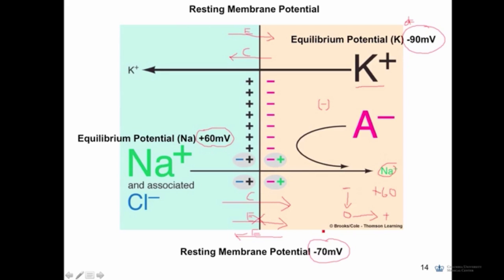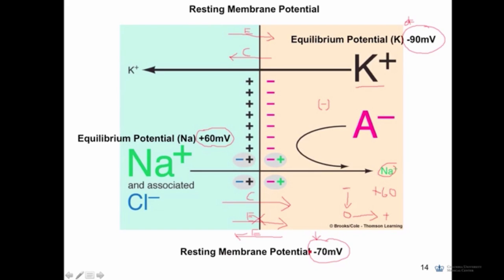So the resting potential of a cell isn't satisfying either ion. It's not equaling the point at which potassium is at rest, and it's not equaling the point at which sodium is at rest. It's in between. So what does this really mean, that it's at minus 70?